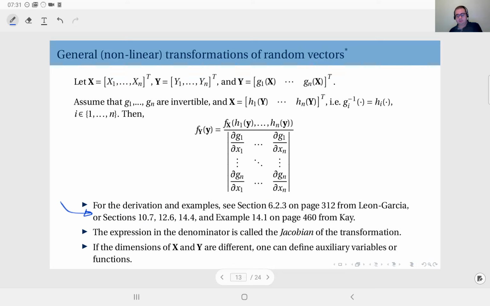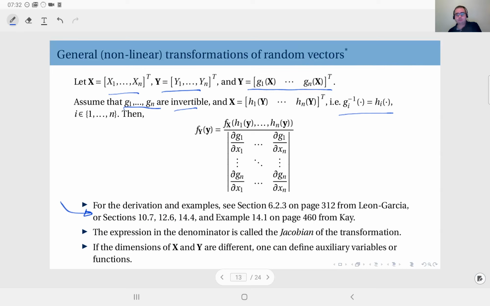Here the definition is we have random vector x and random vector y, and random vector y is defined as a function of random vector x as seen here, okay? And if you assume the g functions are invertible, we will write the inverse of each g function as denoted by these h functions. And remember, the functions g here need not be linear functions, okay? They might be any function which is essentially invertible.